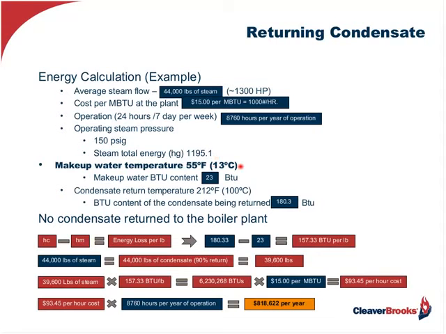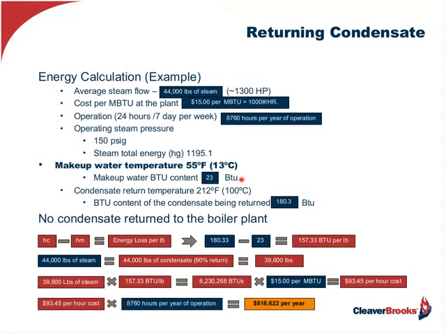And I said that all steam tables start from 32 degrees, liquid. So if I'm at 55 degrees, I have to add 23 degrees, from 32 to 55, which is 23 BTUs for that pound of water.